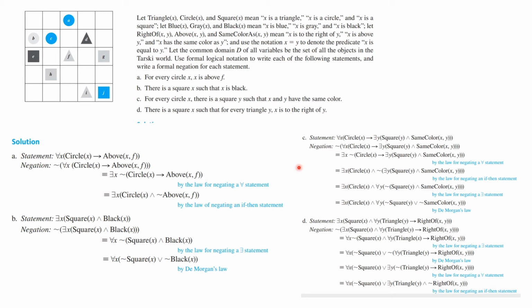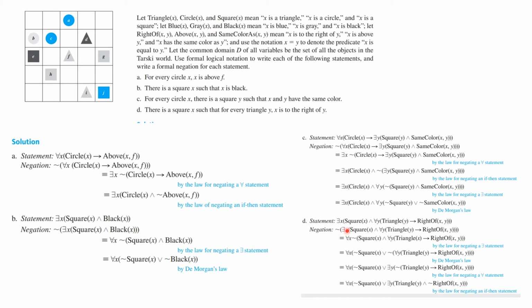In C, the statement was for every x, circle x implies there exists a y such that y is a square and the same color as x. The negation of that, and there's a lot of simplification happening here, is, again, in the final step using De Morgan's law, there exists a circle x such that for every y, it's not a square, or it is not the same color as x.